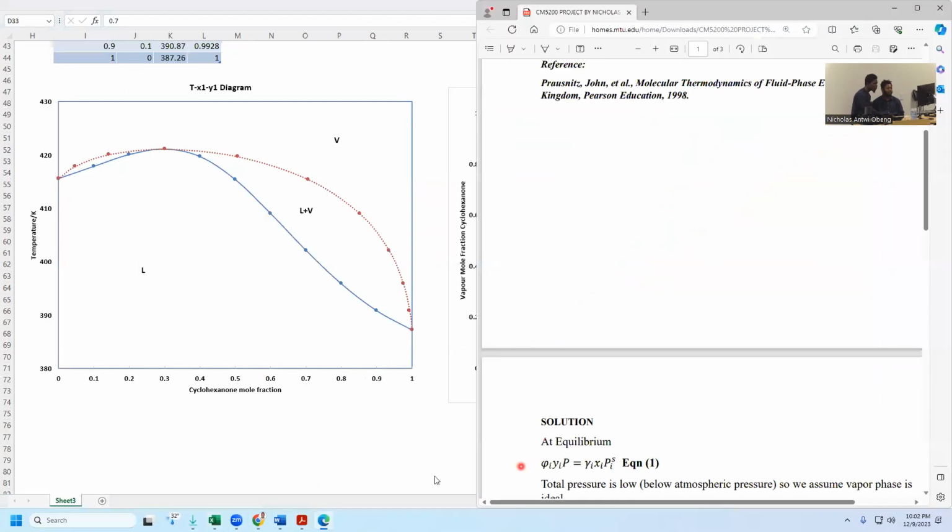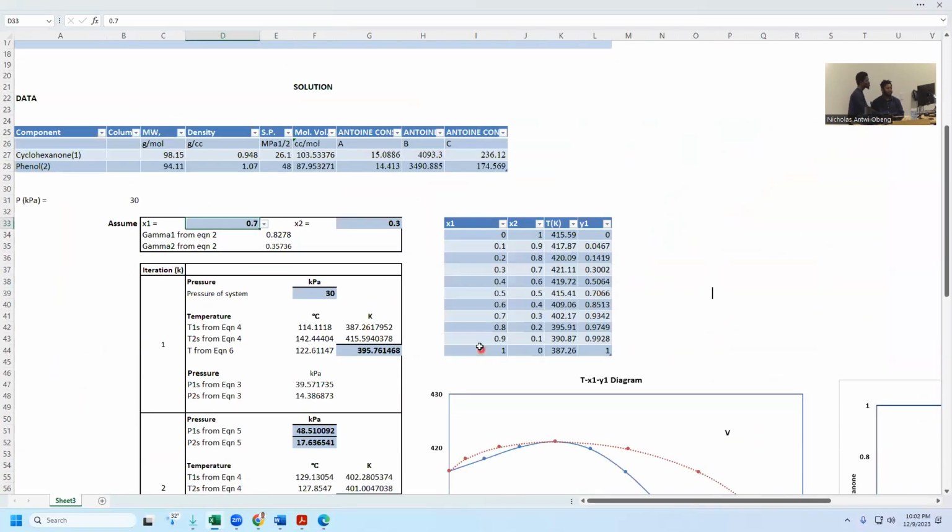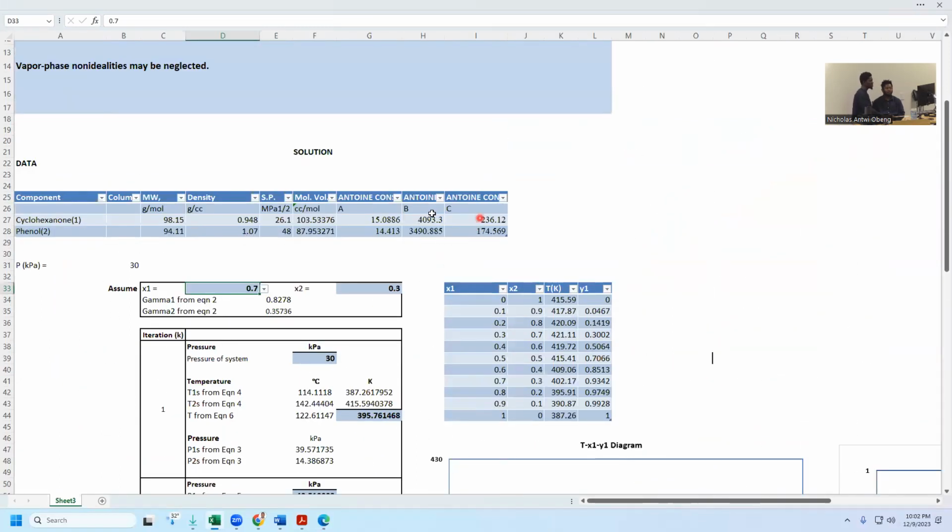As you can see over here, we're given the values of A, B, and C for cyclohexanone and phenol. Then, choosing our x values, we assumed 0.7 and 0.3 as our initial values.